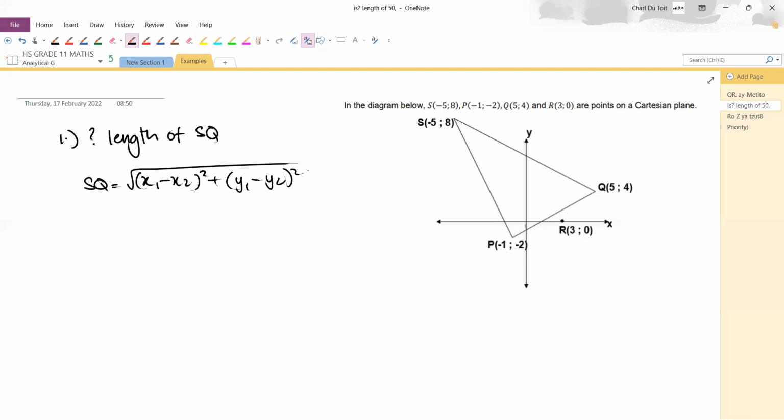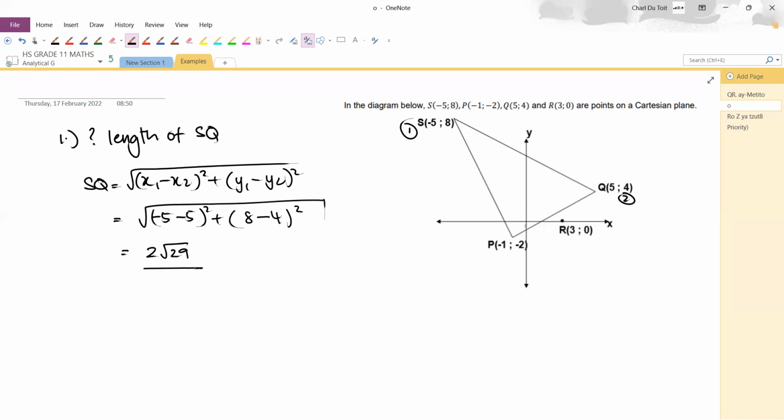I think so, yeah. Okay, let's do that. This one is number 1 and that one is number 2. It doesn't matter, you can swap it around. So we have -5 minus 5 squared plus 8 minus 4 squared. Is that 2√29? Yes. Awesome. Okay, good.